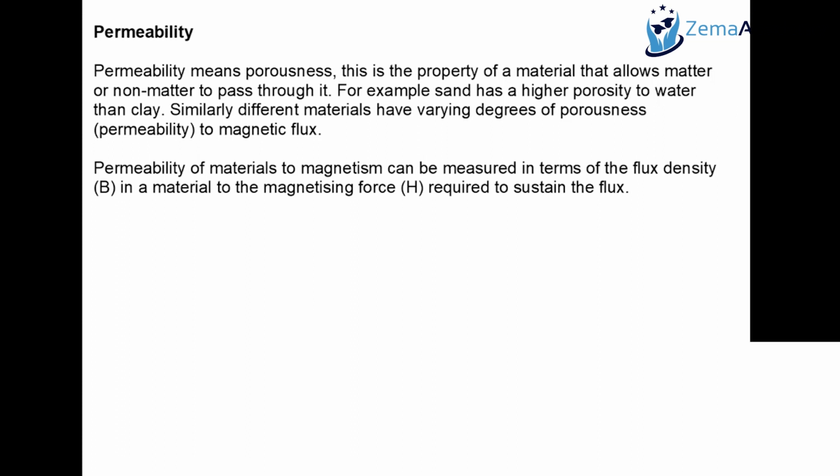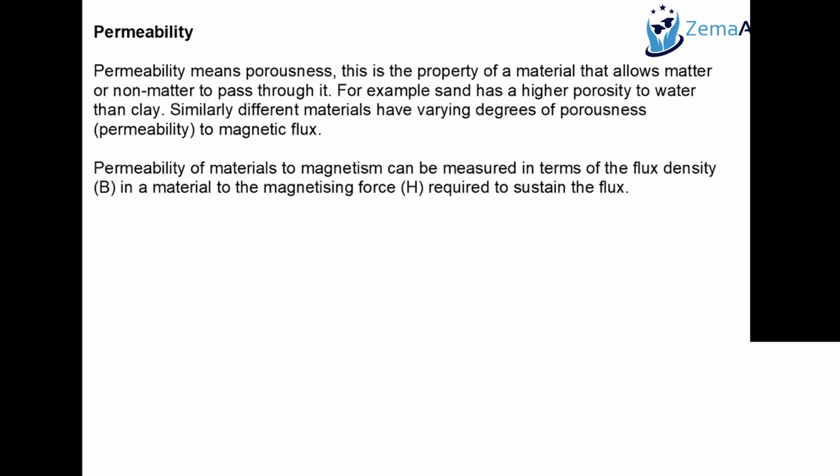Now we are again going back and forth to the permeability concept. Of course, we know that permeability is how easy it is for a material to establish the magnetic field if you supply a DC current, and how easy it is for the same material when you switch off the DC current. That means the material should ideally not be storing any magnetism.